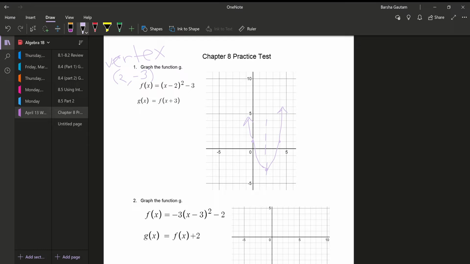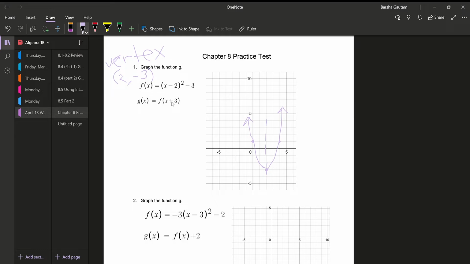And our second graph says g of x is equal to f of x plus 3. And let's take a look at this real quick. So here, we're moving 2 to the right, right? 1, 2. And now, it's asking us to move 3 to the right or left.